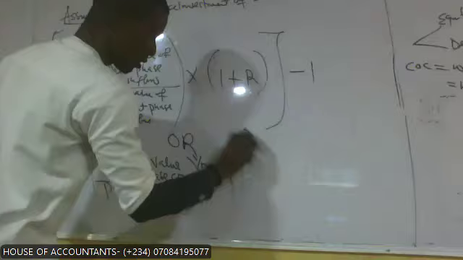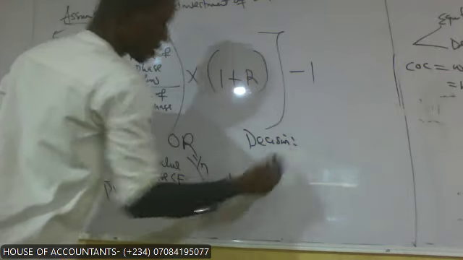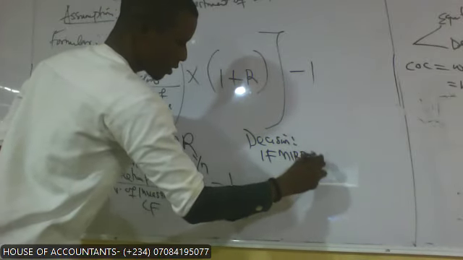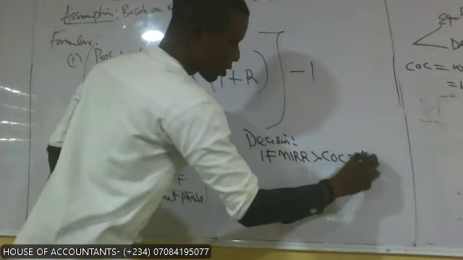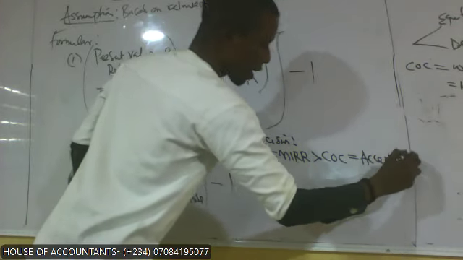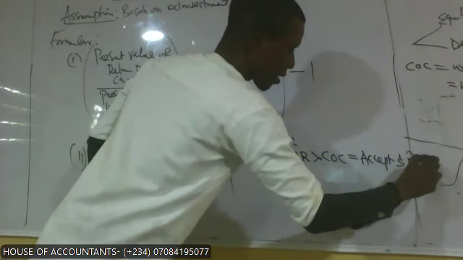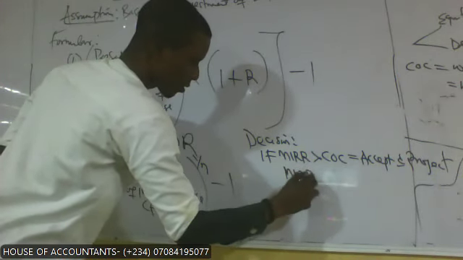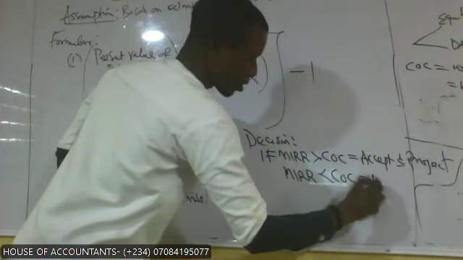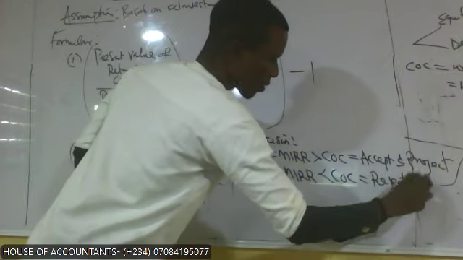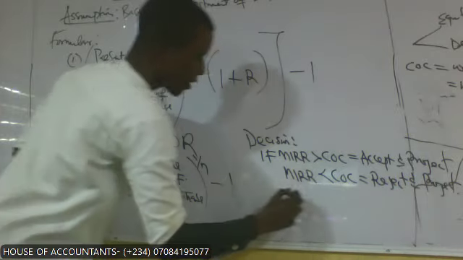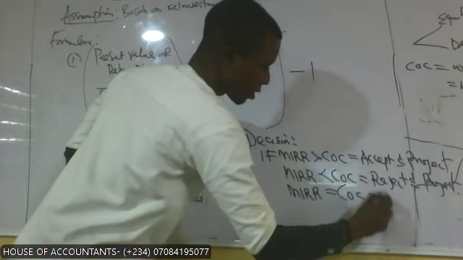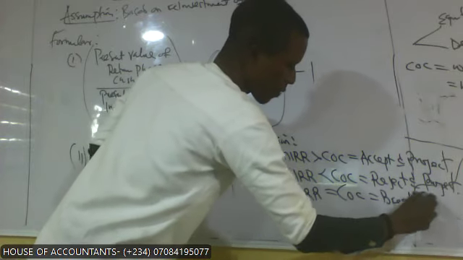The decision still follows the same thing. If your modified internal rate of return is greater than cost of capital, you accept the project. If MIRR is less than the cost of capital, you reject the project. And if your MIRR equals the cost of capital, the project is breaking even.